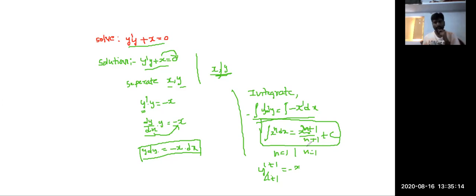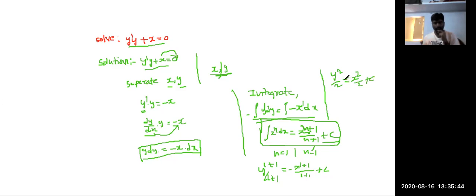So x power n plus 1, 1 plus 1, by 1 plus 1, plus c. Now y power n plus 1, that is y square by 2 equals minus x square by 2 plus c.